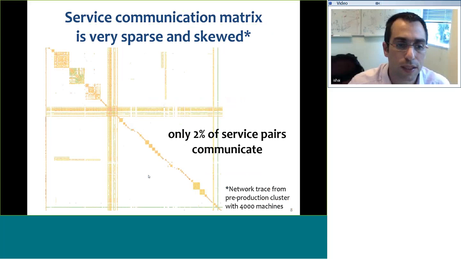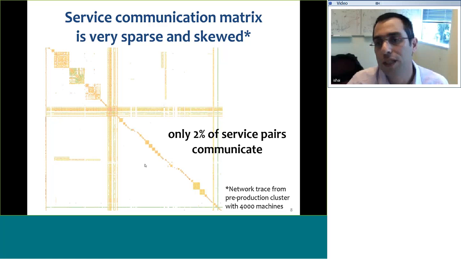We can see services that are very talkative, if you wish. For example, these services here talk to all the services, or most of the services, while others talk to just a very small number of services. This actually gives us hope because the ones that are white, you can improve their fault tolerance almost without worrying about bandwidth at all, right?